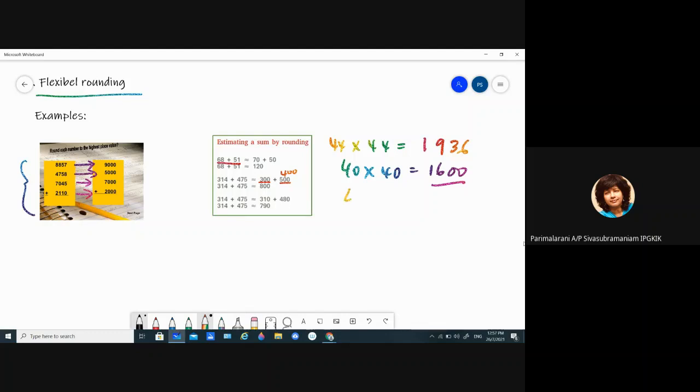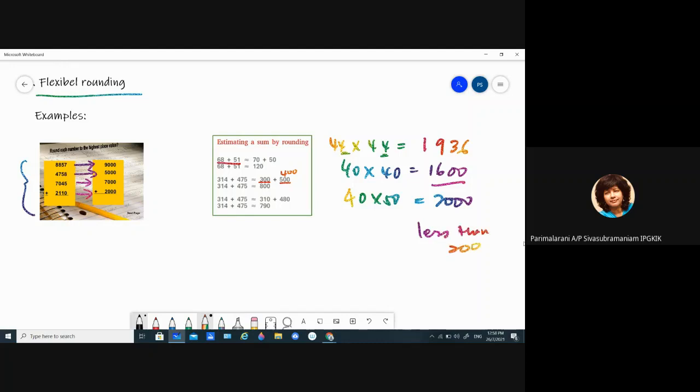Or you can round it up, because this 44 is almost another 10 more, so you can round it to 40 times 50, and you will get 2,000. When you write your estimate, you should write either less than or more than.